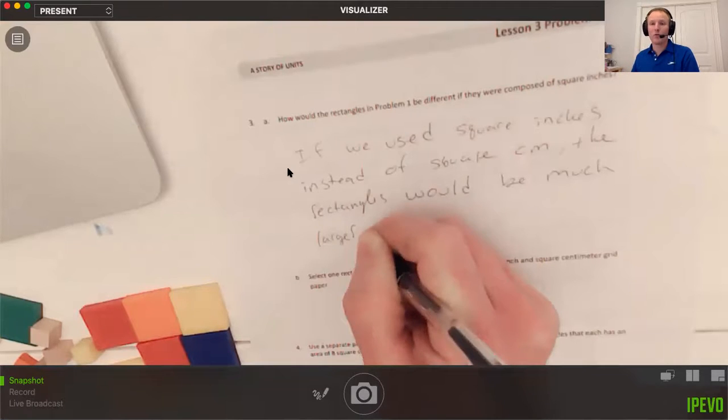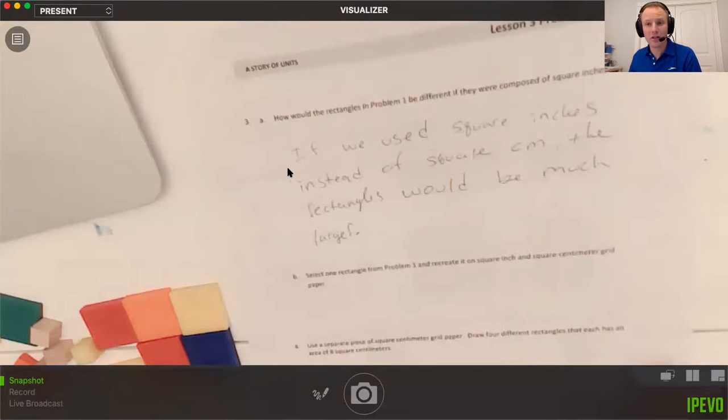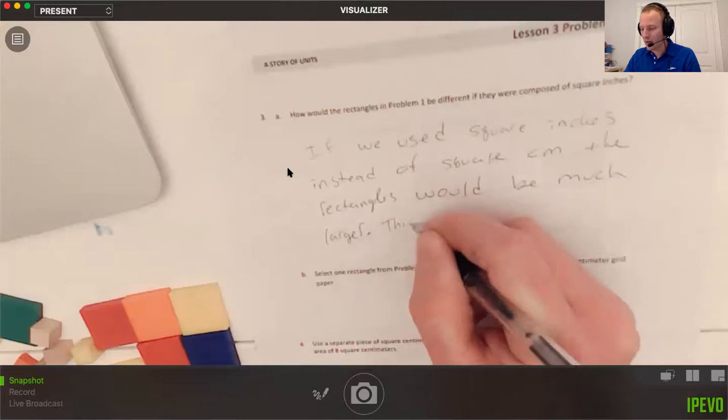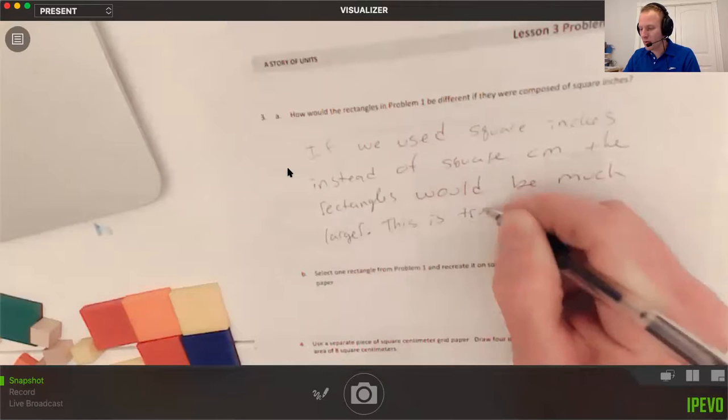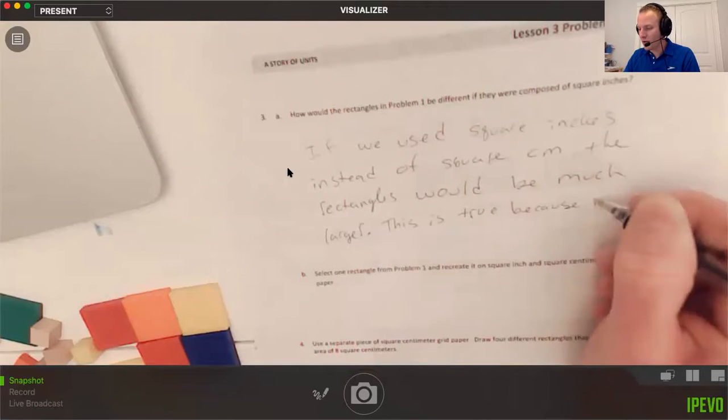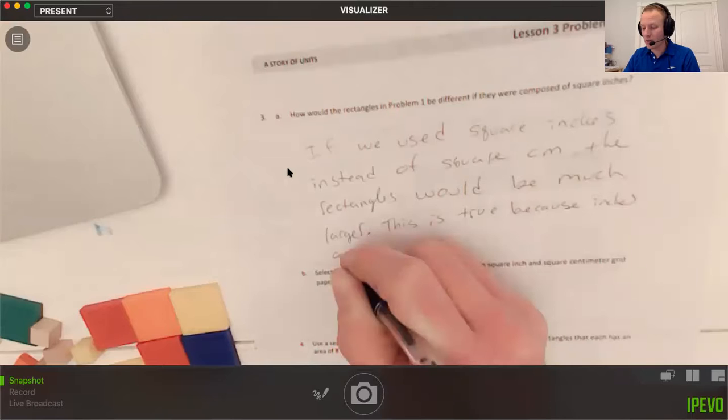If you want to get really in depth here, and I would really appreciate this if you did, you could say this is true because inches are larger than centimeters.